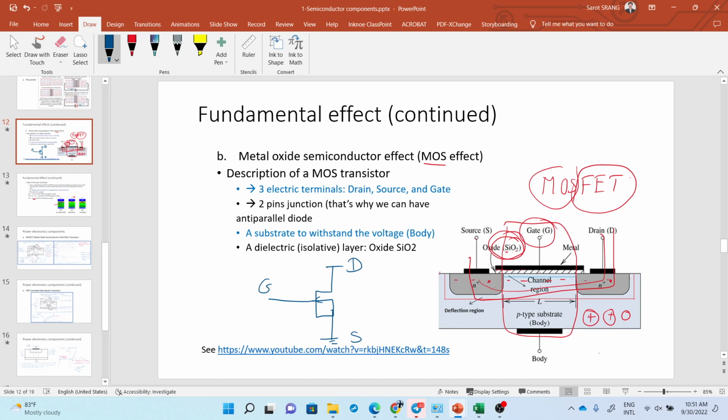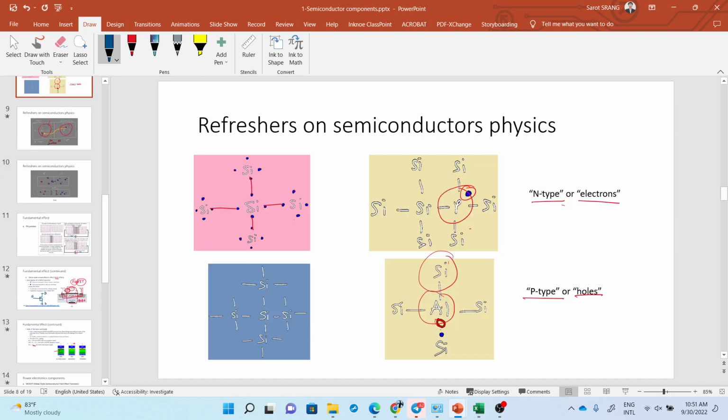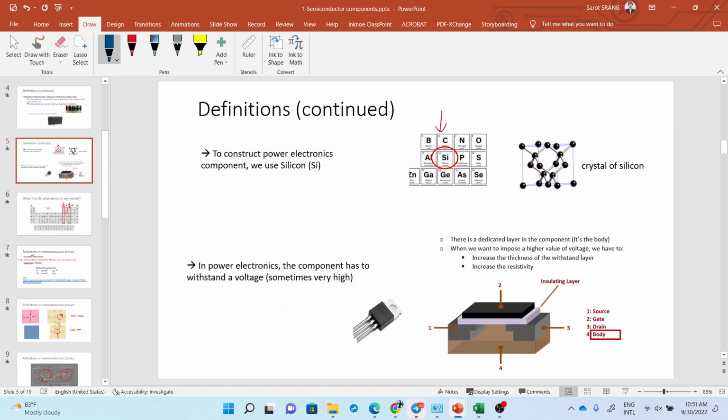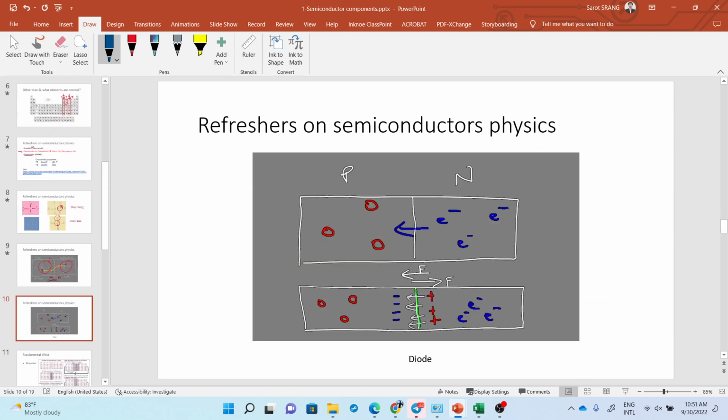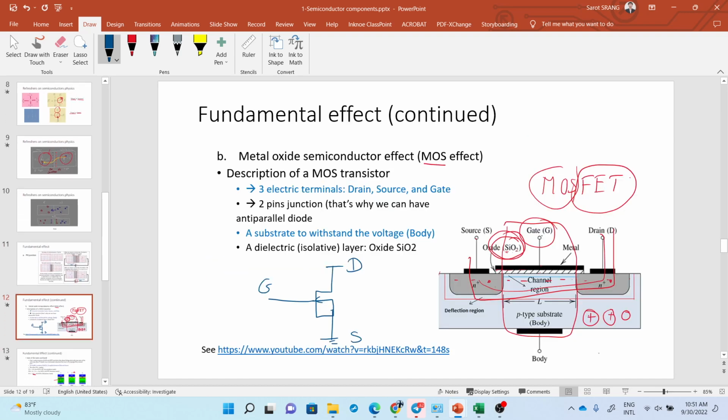That's why when you notice the MOSFET here, you see the three terminals like this. Three terminals like this. That's the schematic you draw.